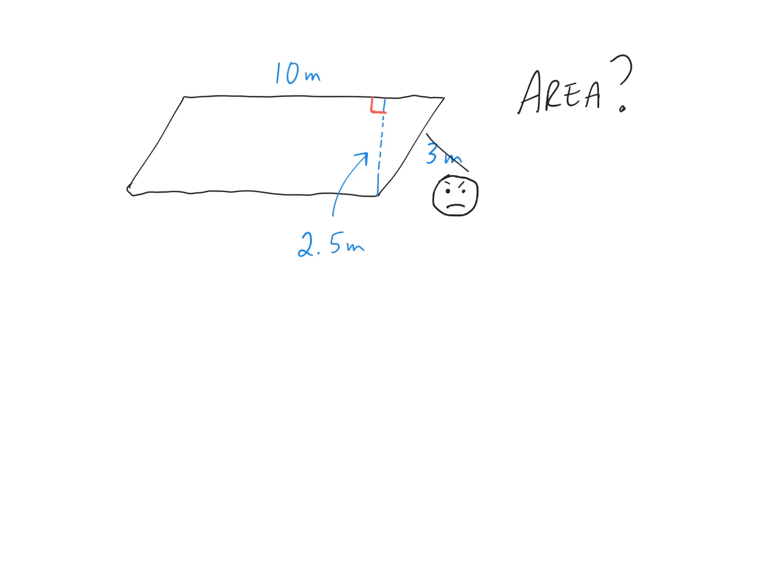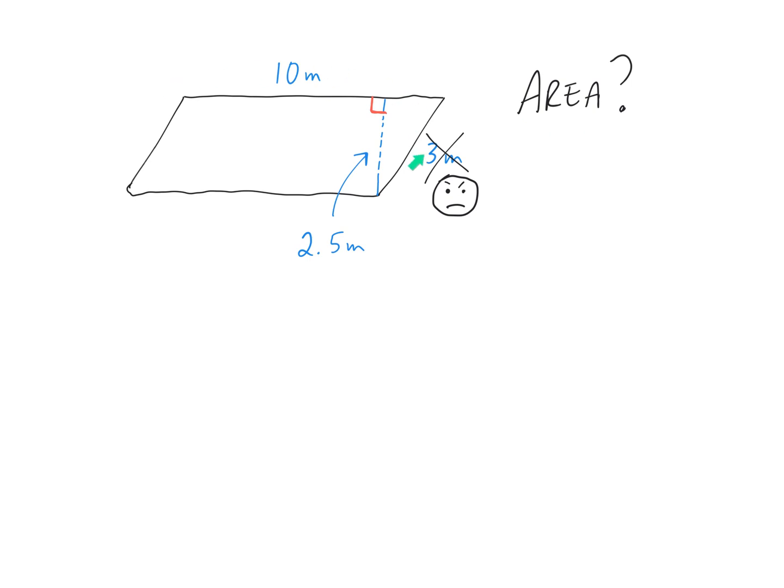We don't even care about it. All we care about in area is the perfectly horizontal measurement, which in this case would be 10, times the perfectly vertical measurement, in this case 2.5. So they meet at 90 degrees. This 3, we don't like it. We're not going to use it to find the area.